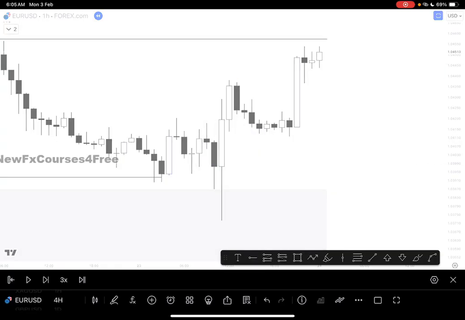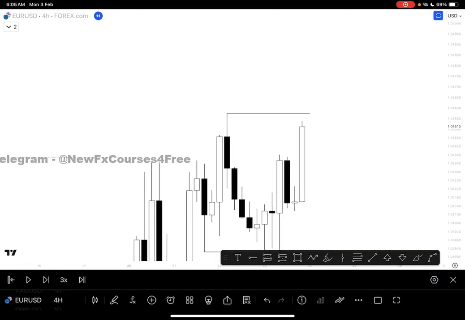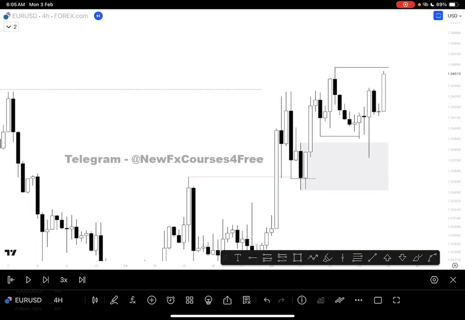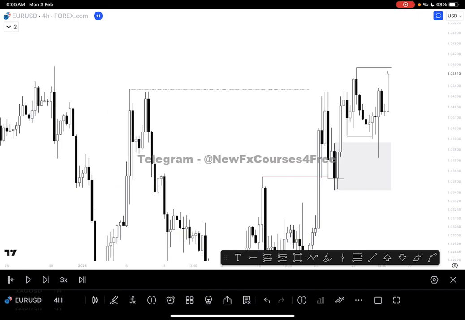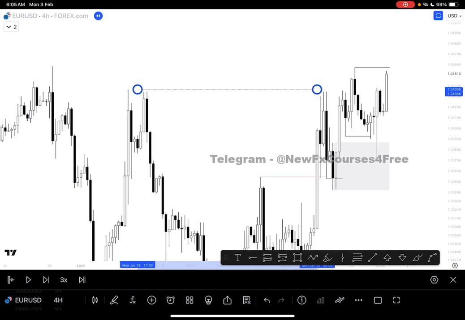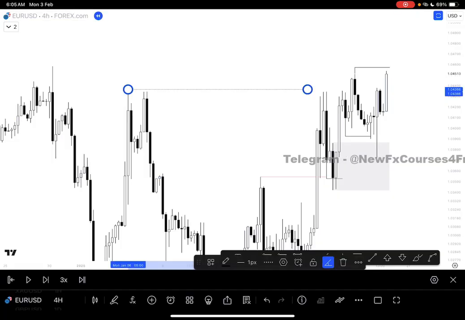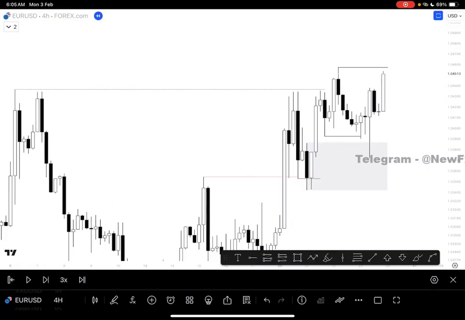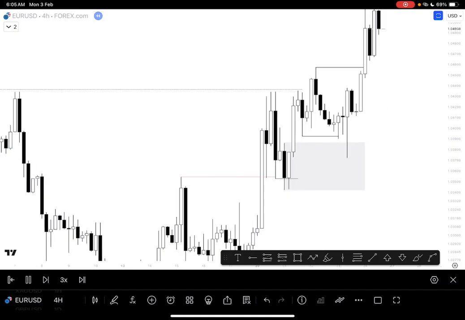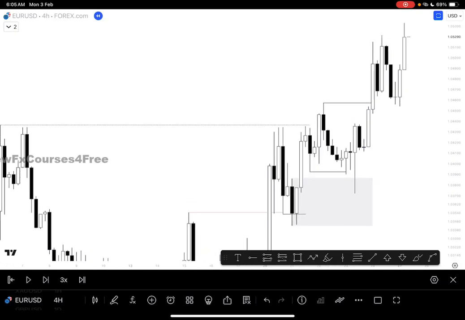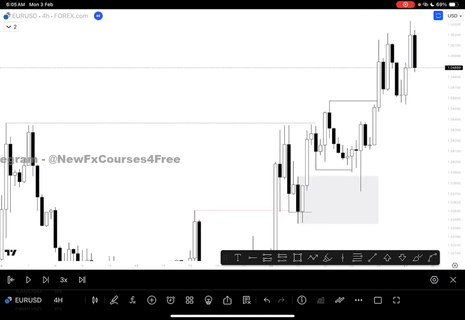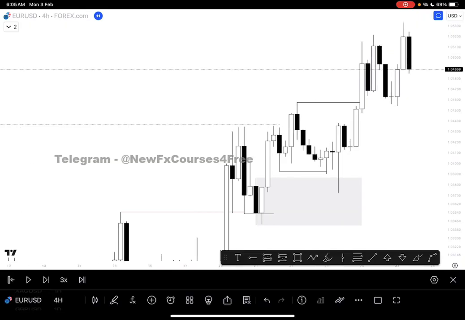So going back to the 4 hour time frame, you can see the structure. Remember our weekly CRT high over here. Then that's how you actually use time frame alignments.